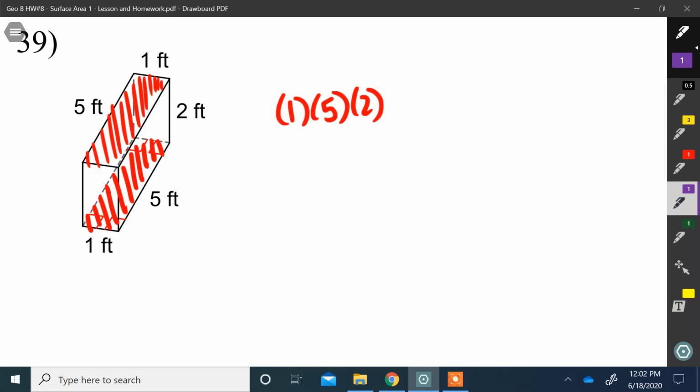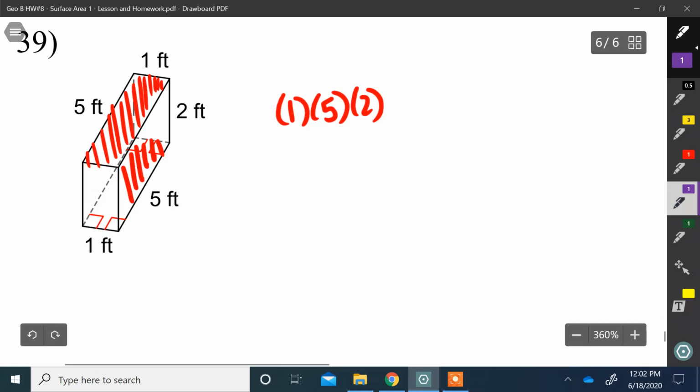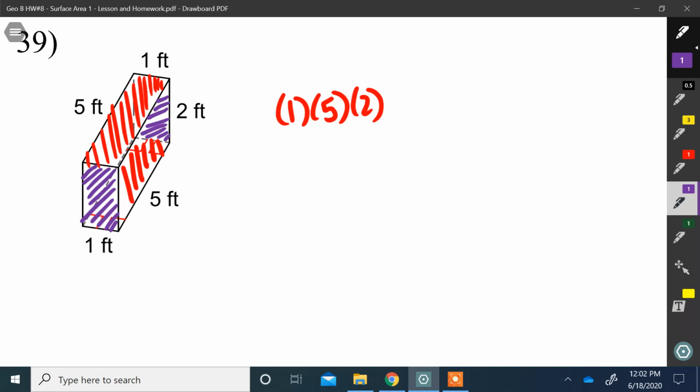Then I have the, hopefully this is not scary. Then I have back and front. We have this. Then we have this right here. It's 1 times 2.